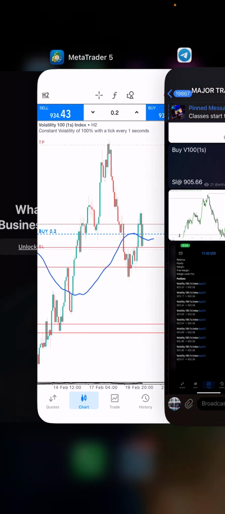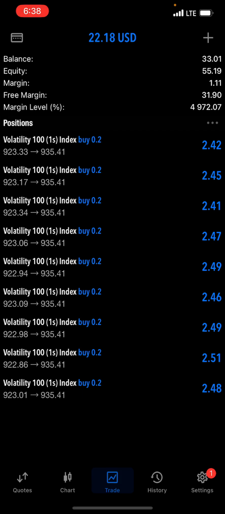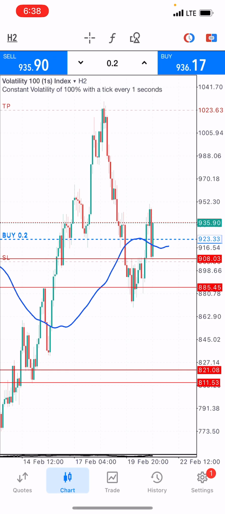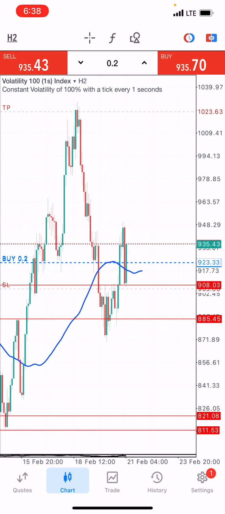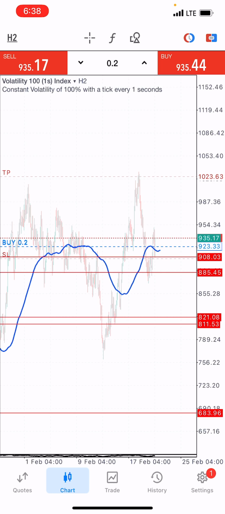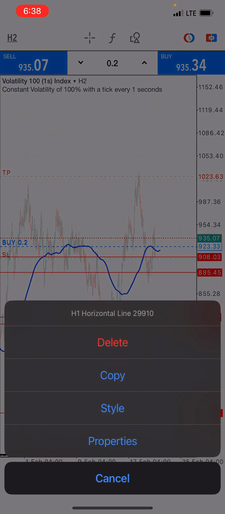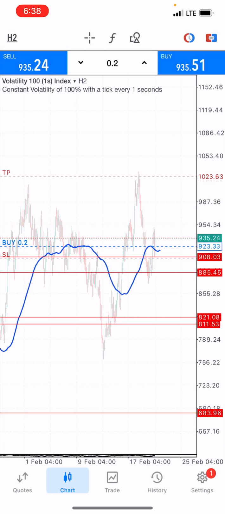So now, what's the reason for my trade? Let me show you guys. I think I should delete everything here. Let me leave this one. Let me delete everything here.